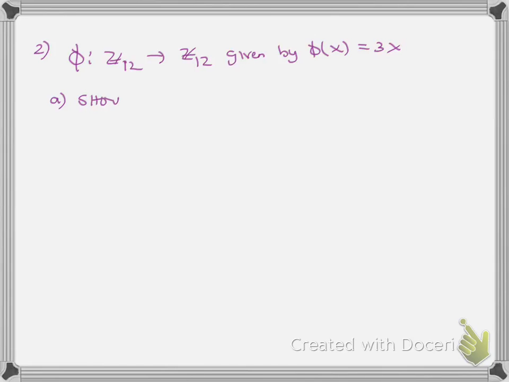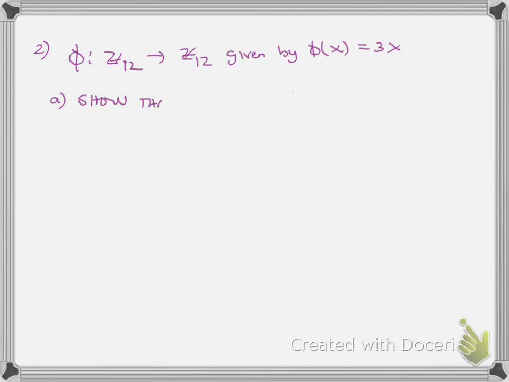All right, so I want you to try this one. Phi is going from Z12 to Z12, given by phi of x equals 3x. So two questions, and I want you to bring these; we'll discuss this in class on Friday.